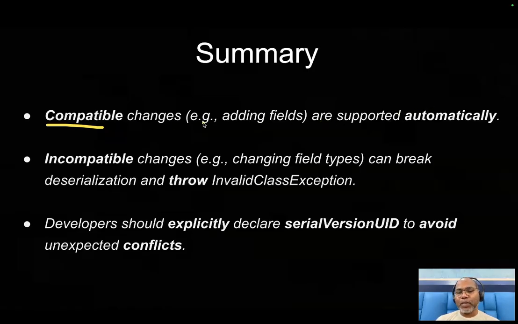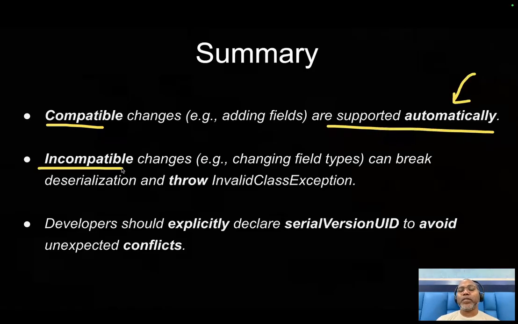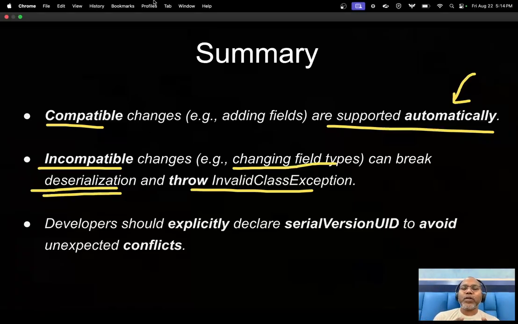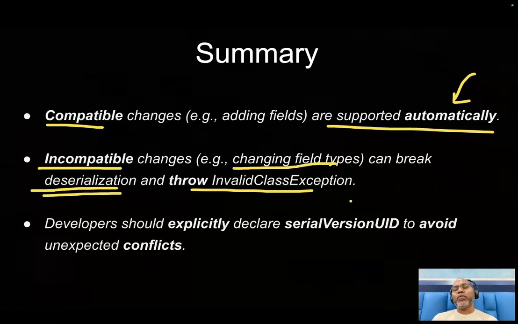By default the Java serialization process tries to support compatibility automatically, but sometimes incompatible changes happen, and then you can get exceptions like InvalidClassException, because the fields changed or maybe some data type changed. If something changed, that means your deserialization process is going to break. Serialization had something, and the class structure changed at deserialization, so it breaks the deserialization process.